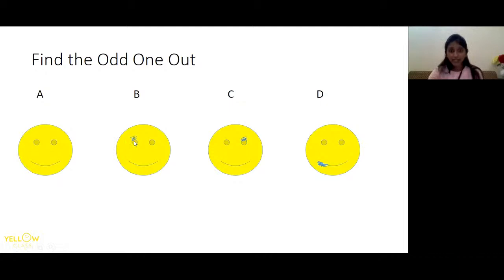Because on the left eye there is some marking, whereas on the right eye there is no marking. So it is not symmetrical. Similarly, C is also not symmetrical. And likewise, D is also not symmetrical. So among the four options, B, C, and D are not symmetrical.